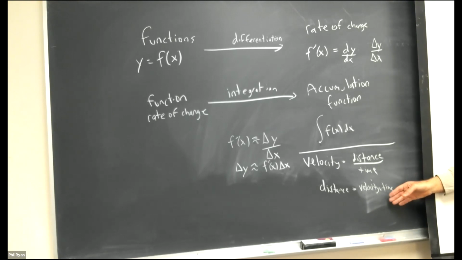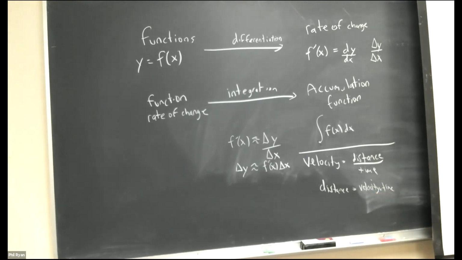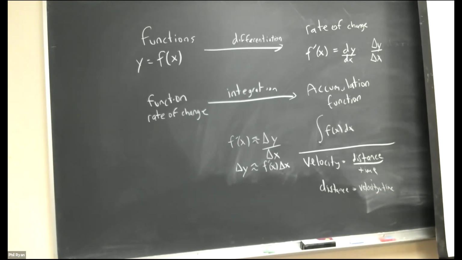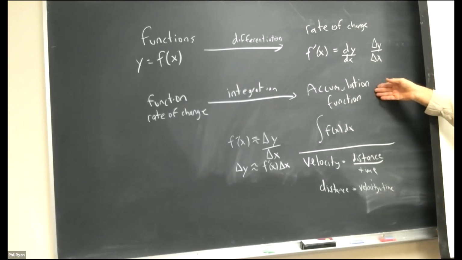The same thing happens here. What happens if velocity varies over time? We can't just do one big velocity times time calculation. We've got to break it up into little pieces and figure out how much distance we've traveled over every little time interval. And then if we add all that up, we get the total accumulation of distance, and that's integration.